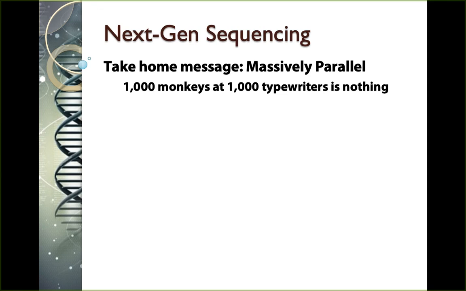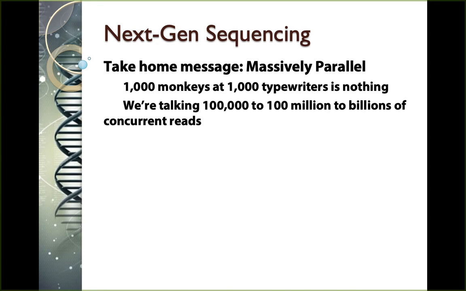So we talk about 1,000 monkeys on 1,000 typewriters recreating Shakespeare's works. But here we're really talking about 100,000 to 100 million to billions of concurrent reads. I think the NovaSeq now puts out somewhere around 20 billion reads per run. So the amount of information that we're able to generate now is really, really impressive.